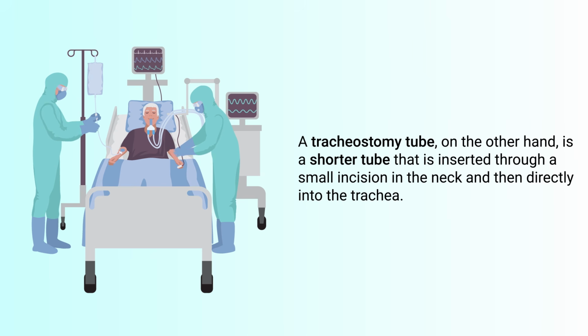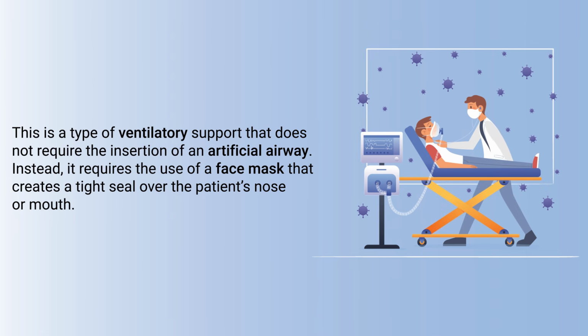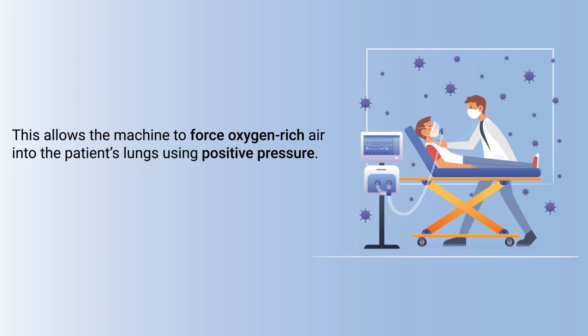And finally, the last type that I want to mention is non-invasive ventilation. This is a type of ventilatory support that does not require the insertion of an artificial airway. Instead, it requires the use of a face mask that creates a tight seal over the patient's nose or mouth. This allows the machine to force oxygen-rich air into the patient's lungs using positive pressure.